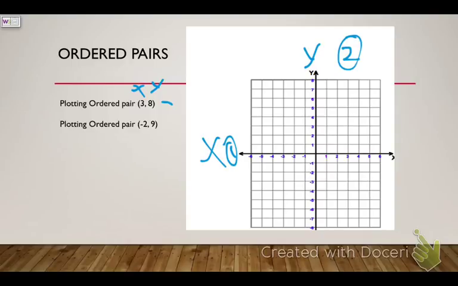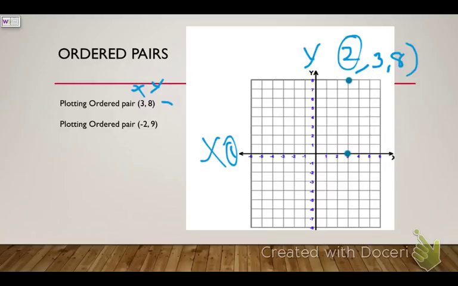Now don't put the dots on here like I'm doing it, kids. I'm just demonstrating so you don't forget. And then we're going to go up to 8. So you follow this line right here to the top to get to 8. That is where ordered pair 3, 8 is located.